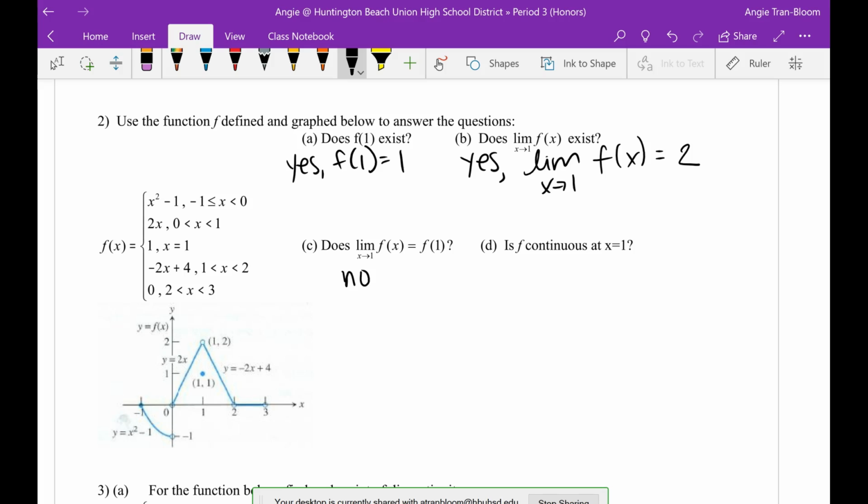Okay, Natalie said the answer is, what's your answer? Is it continuous? Natalie gave me the answer. What's your answer? Yes or no?